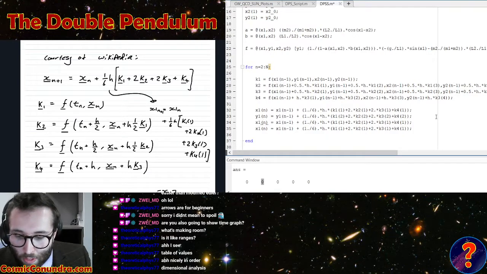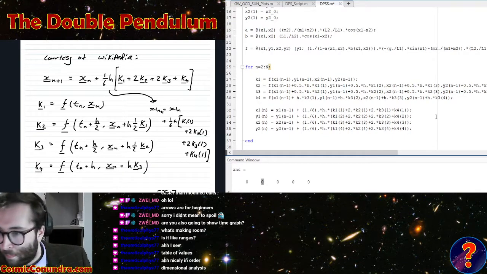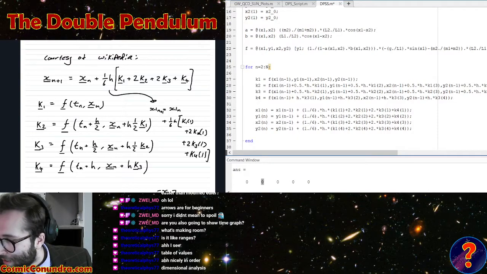Then x2 will involve the third component of k1, k2, k3, k4, and then y2 will involve y2 evaluated at an earlier grid point, plus the fourth component of each k. Okay?